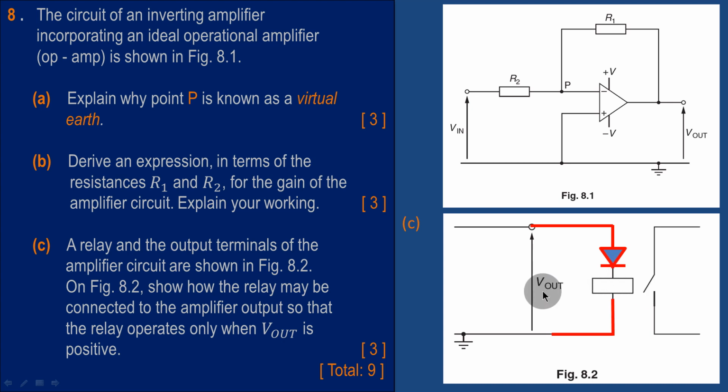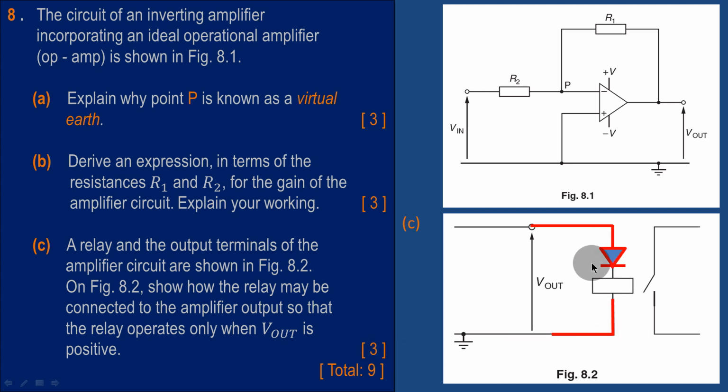But when the output is negative here, meaning that current is meant to flow this way, this diode is going to block that current and the relay will not work. Of course, the other section of the relay is connected to the 0 volt line or the earth line, like I've just explained. So for you to earn these 3 marks, you need to show that kind of connection.